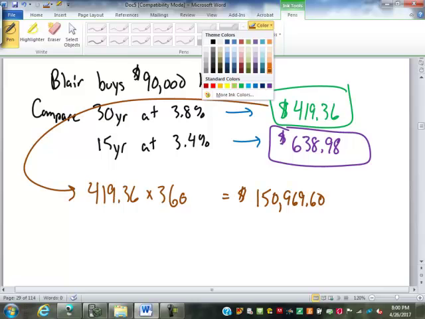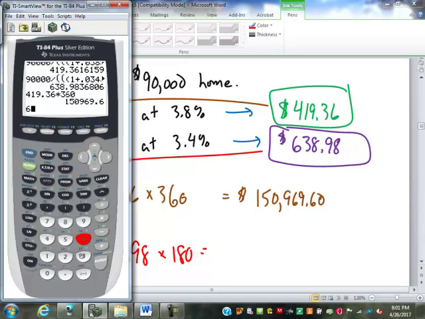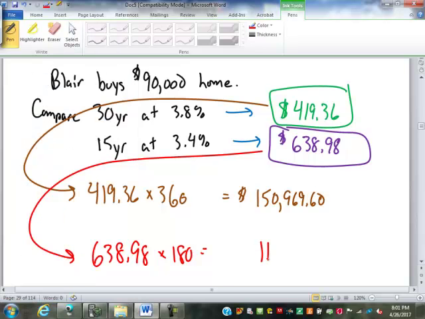That's not horrible until you compare it to the 15-year. 638.98 times only 180 payments is $115,016. So you're only paying $115,000 for that $90,000 house. You're saving $35,000, almost $36,000 in interest. There you go. There's your something to consider.